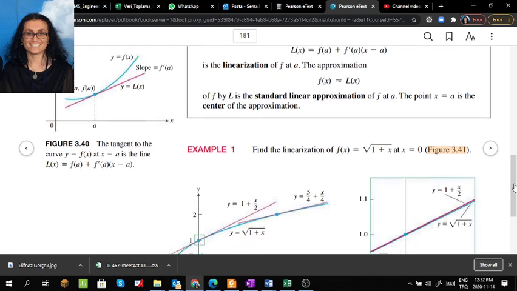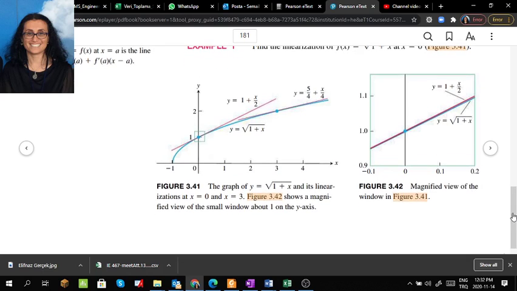Let's look at this example pictorially again. This blue curve is y is equal to the square root of 1 plus x, and we have a tangent line at 0 and a tangent line at 3, different at each point, of course. Let's say you want to approximate the square root of 1 plus 0.005.